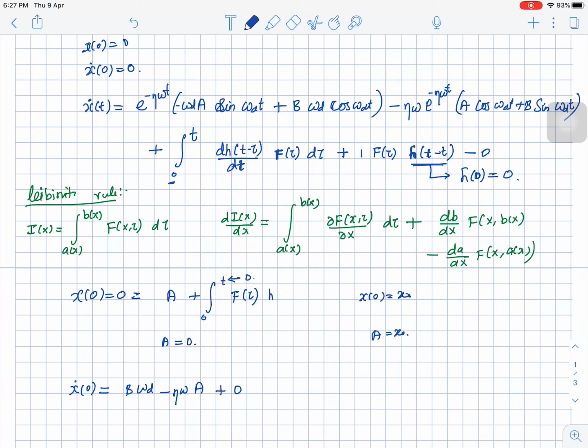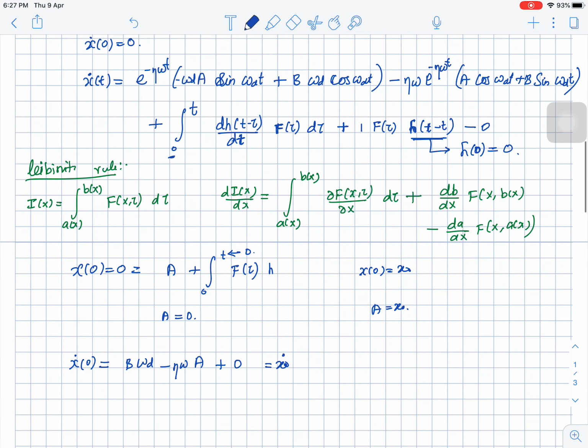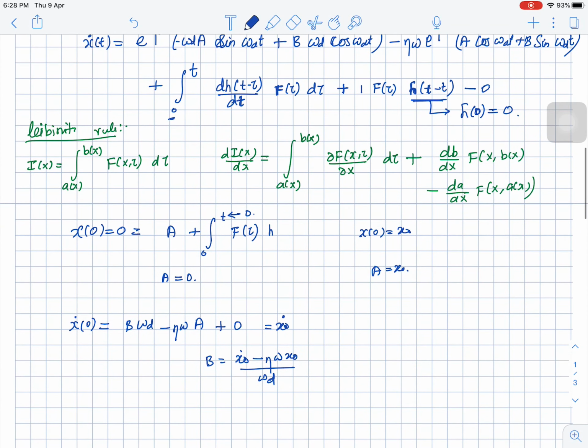So this leads to x naught dot, therefore b equals x naught dot minus eta omega x naught divided by omega d. And if x of 0 equals 0, then b is also 0.